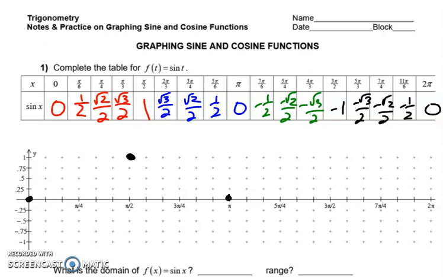Pi, 0. 3 pi over 2, negative 1. And 2 pi, 0. So whenever you're graphing the sine or cosine function, you will plot 5 points.